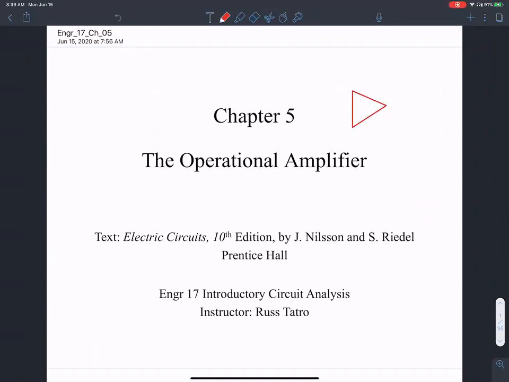Okay, it is used as a building block. It is unlike anything you have seen before. Okay, it has 5 terminals and sometimes 6 terminals.